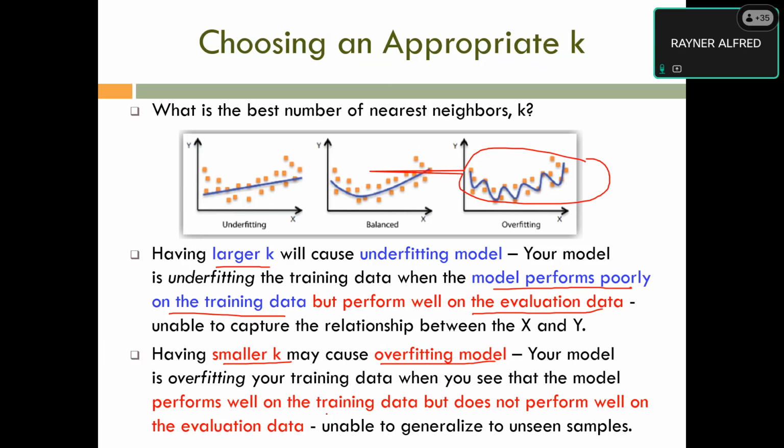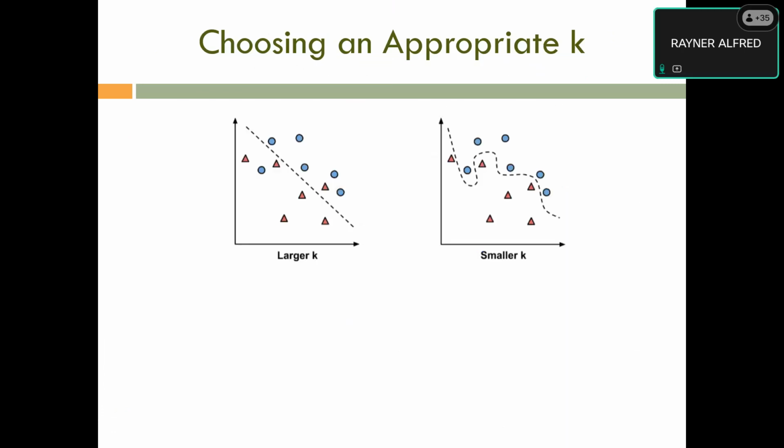You perform well during the training, but during the evaluation, you have lower accuracy. Okay, so what we want is to have just the right number of k so that you can avoid underfitting and overfitting of your model. Okay, so this is when you have a larger k.